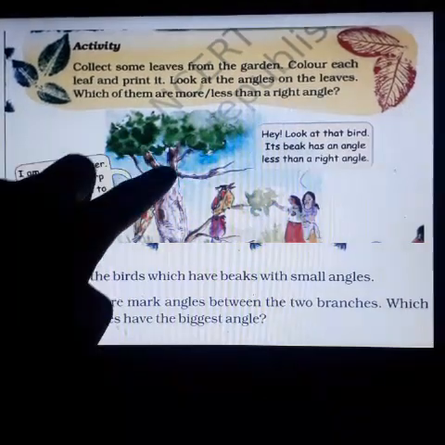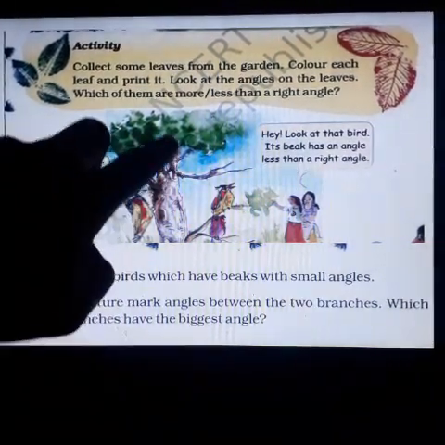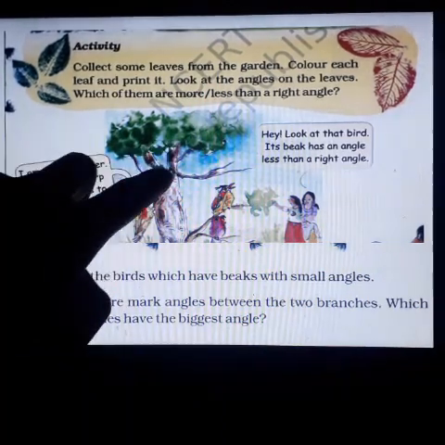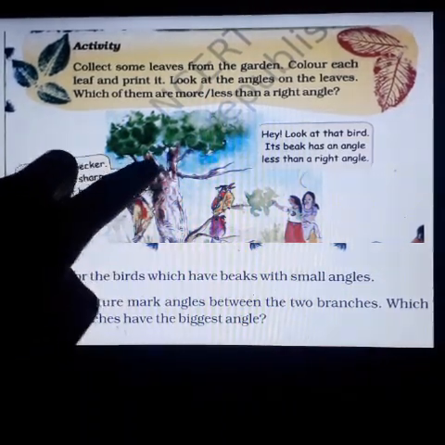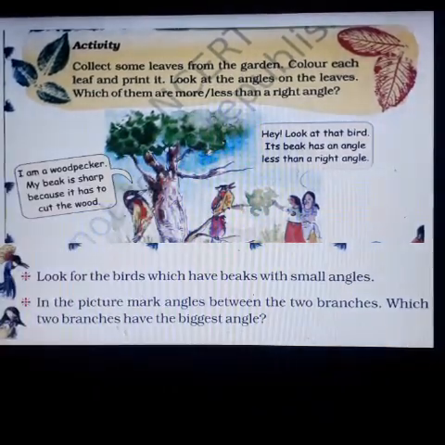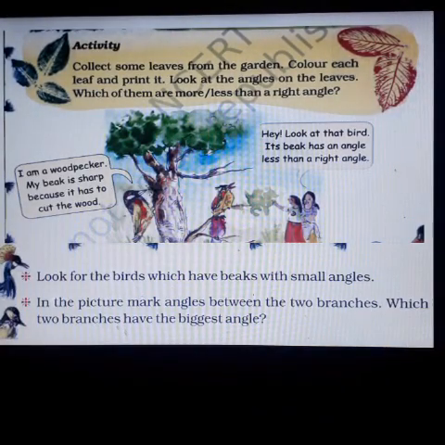Here you can see the angles in branches also. This angle is less than a right angle, and this angle is greater than a right angle. So you can find as many angles in nature.